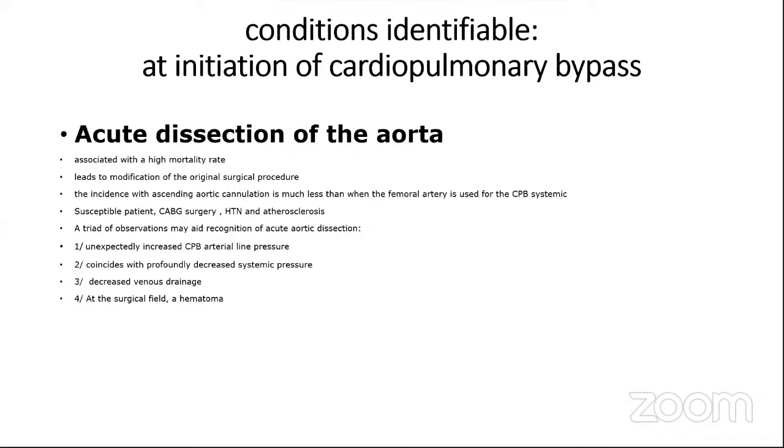The second one, coinciding with a profound decrease in systemic pressure and also decreased venous drainage to the pump or bypass. And at the surgical field, we can see a hematoma developed around the cannula, or there is bleeding from the purse string suture.